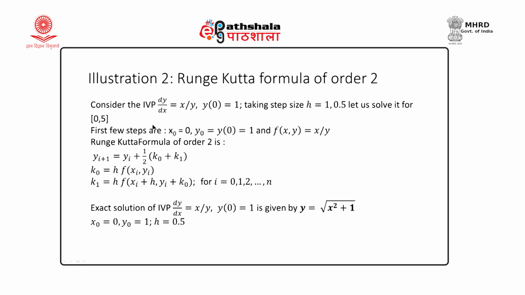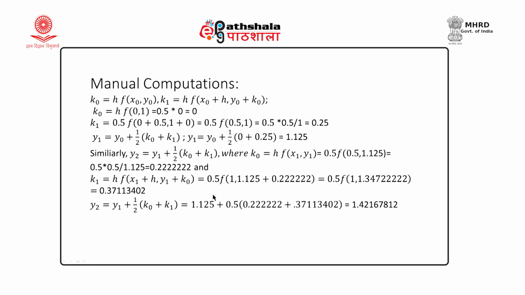Let us take the second illustration, dy by dx is x upon y, y0 is 1, and again we repeat the same process. Manually we have calculated y1 as y0 plus half of k0 plus k1, with step size h 0.5, and f(x,y) is x upon y.